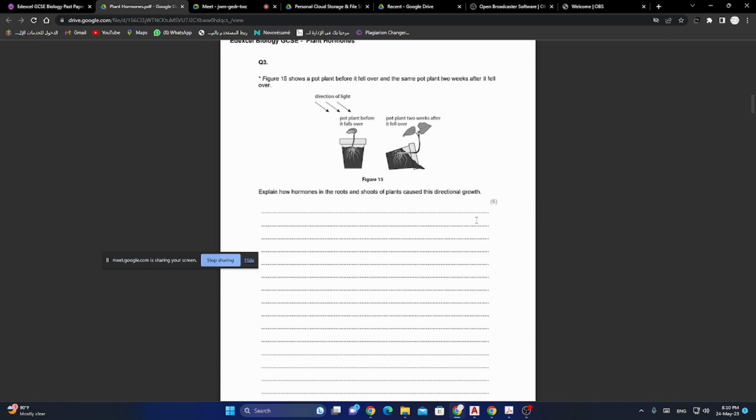So figure 15 shows a pot plant before it fell over, and the same one after 2 weeks. Explain how hormones in the roots and the shoots of the plant cause this directional growth. So here in this case, can you see the number of marks that's written there?